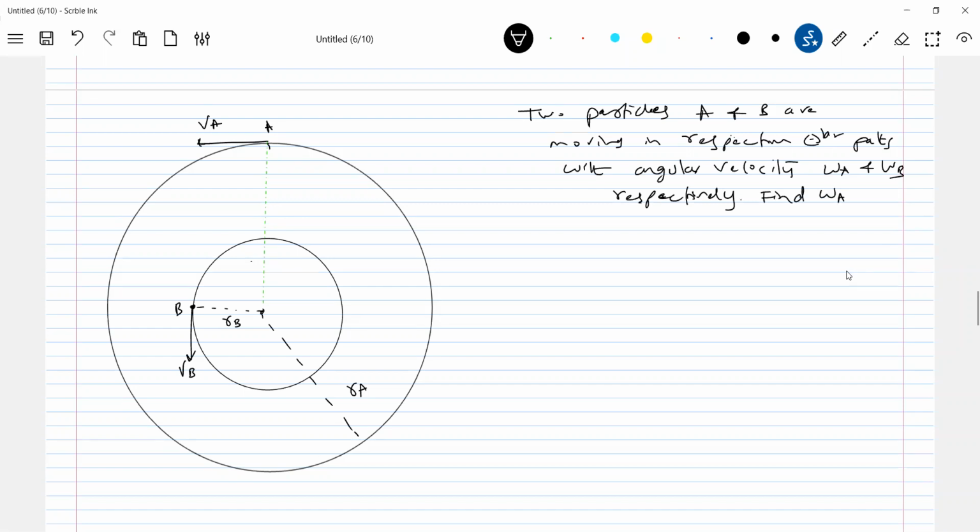Find omega AB. Now they are not in the same path, but in different circles. So what is the angular velocity of one particle with respect to the other particle? I'll stick to the basic thing we just had.